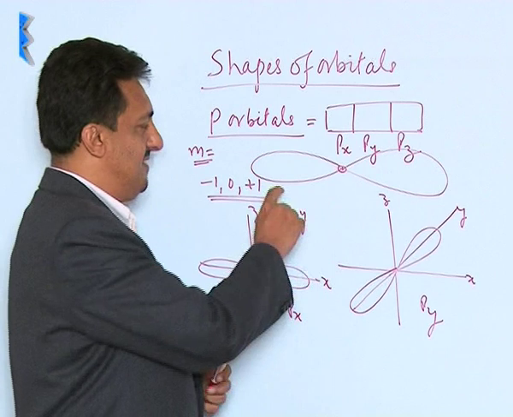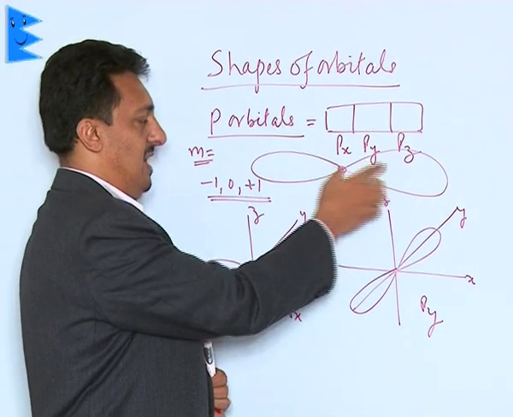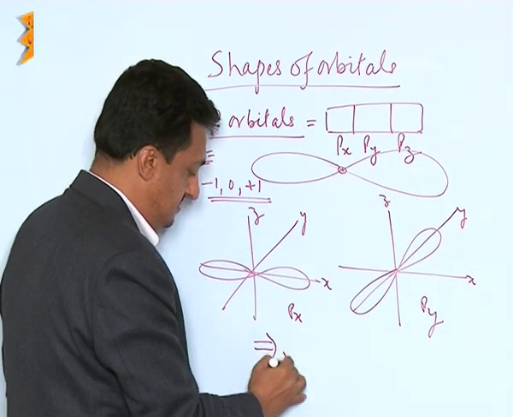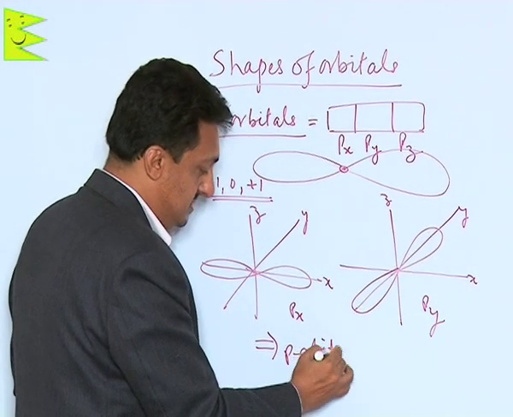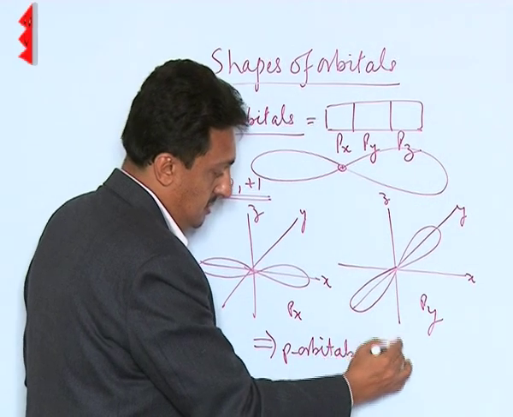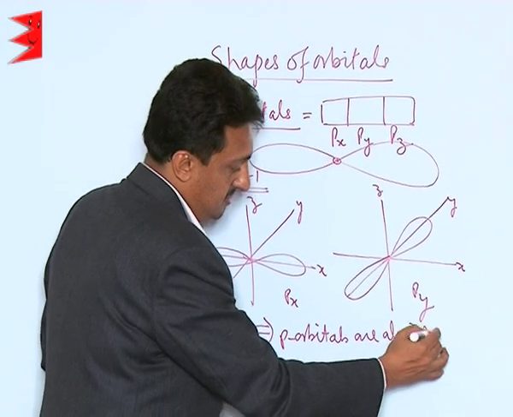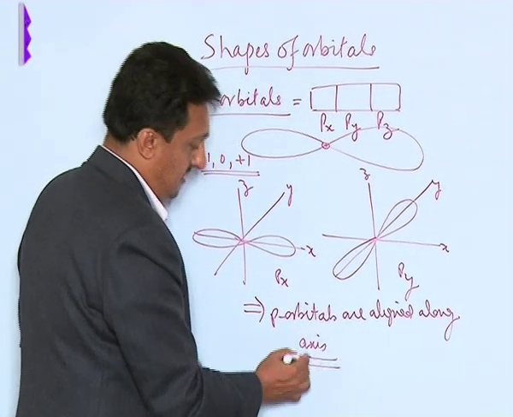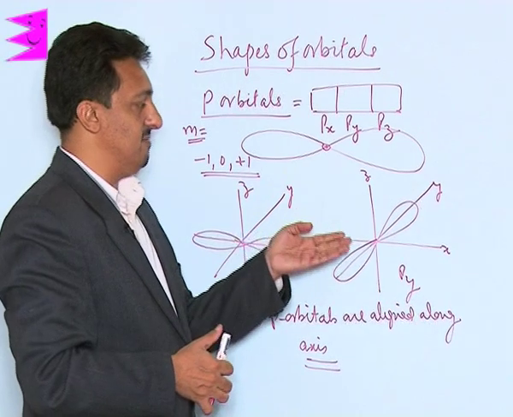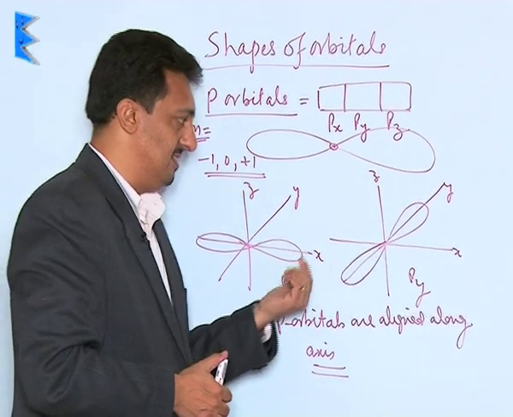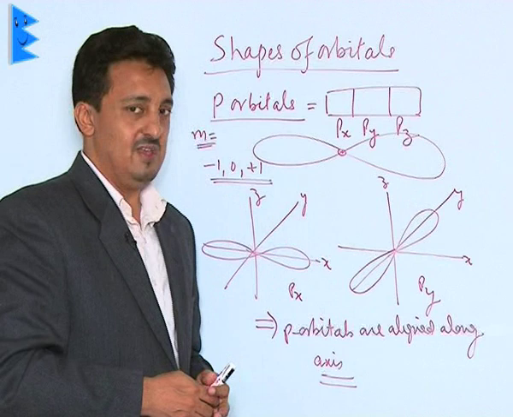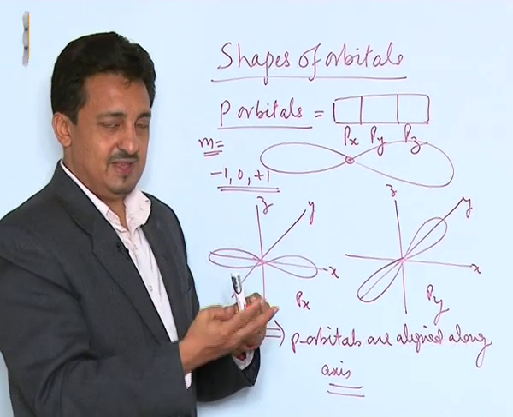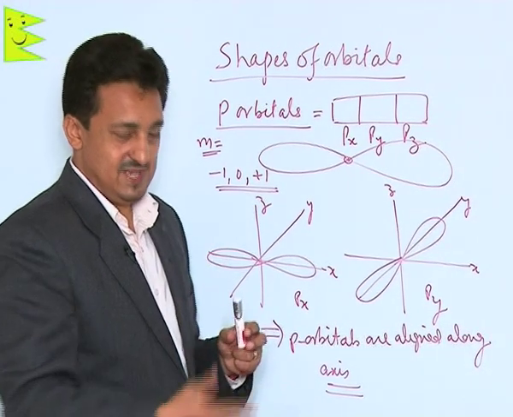So the p orbitals have 2 lobes, and remember, they are aligned along the axes: one along the x-axis, another along the y-axis and the third along the z-axis. So the p subshell has 3 orbitals, px, py, pz.